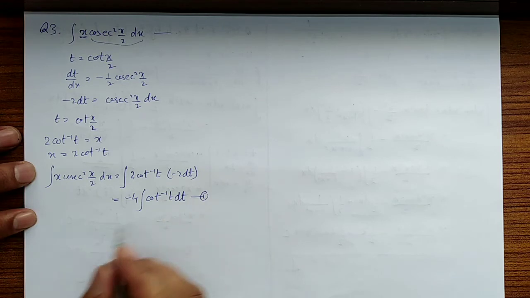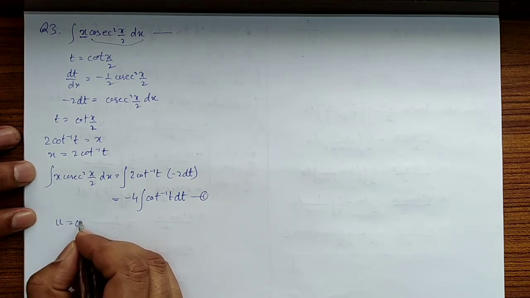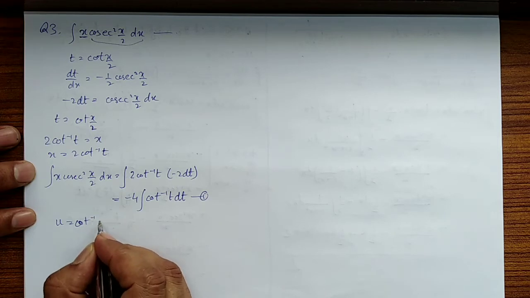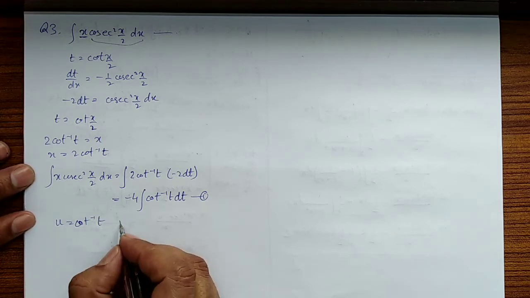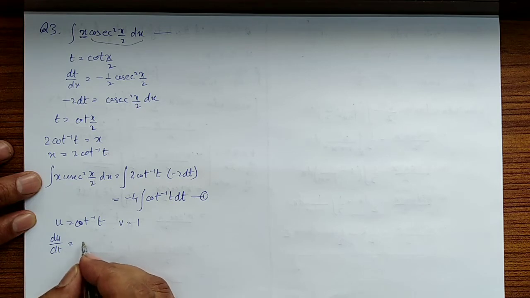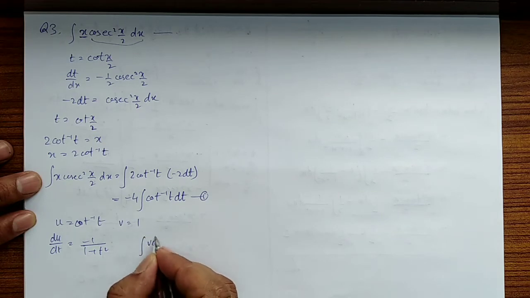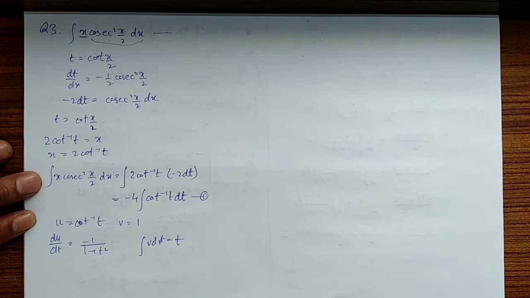We are taking u equals cot inverse of t and v equals 1. If we take the derivative du upon dt, that is minus 1 upon 1 plus t square, and the integral of v dt is t.